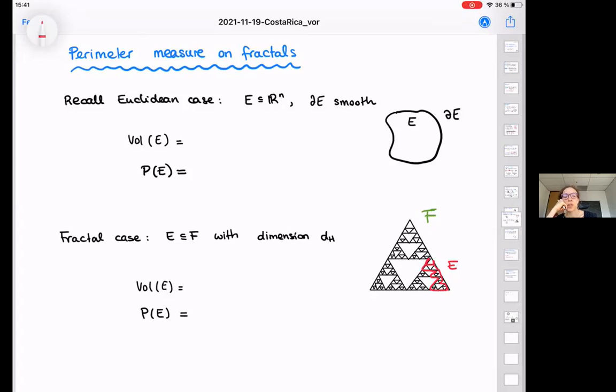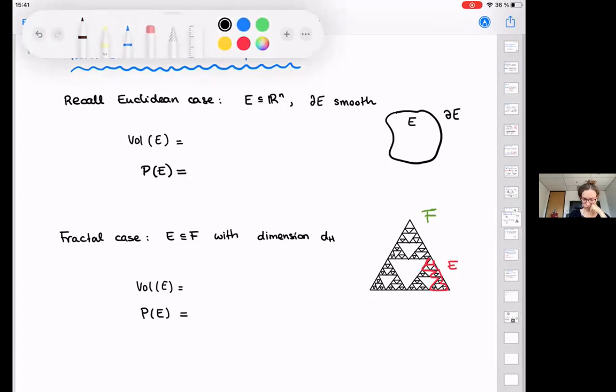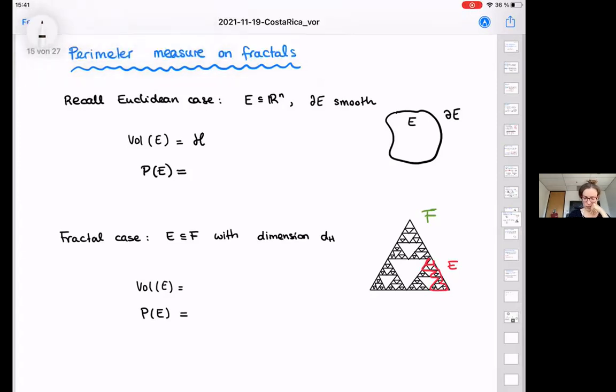Okay, so in the Euclidean case, we said that the volume measure was given by the n-dimensional Hausdorff measure of this. And this P of A, this is what I want to call the perimeter.